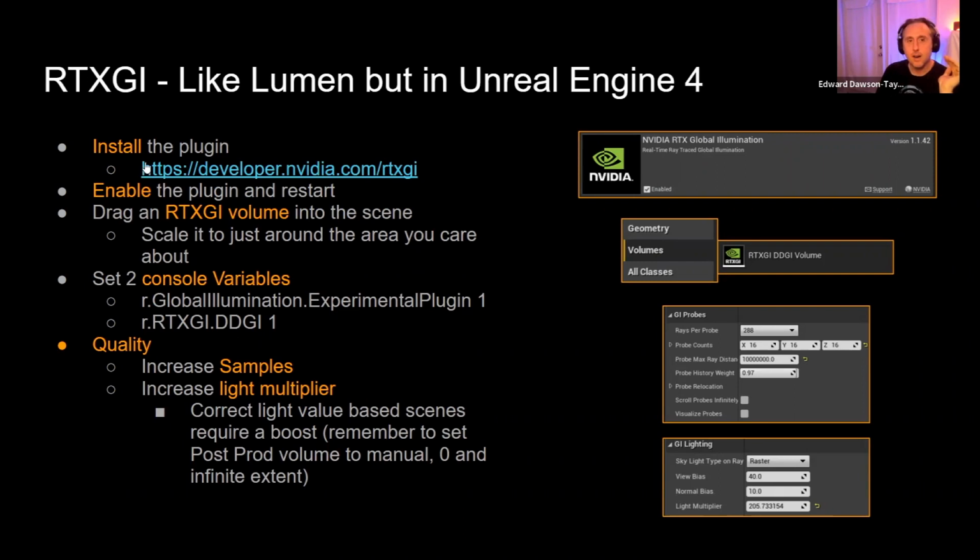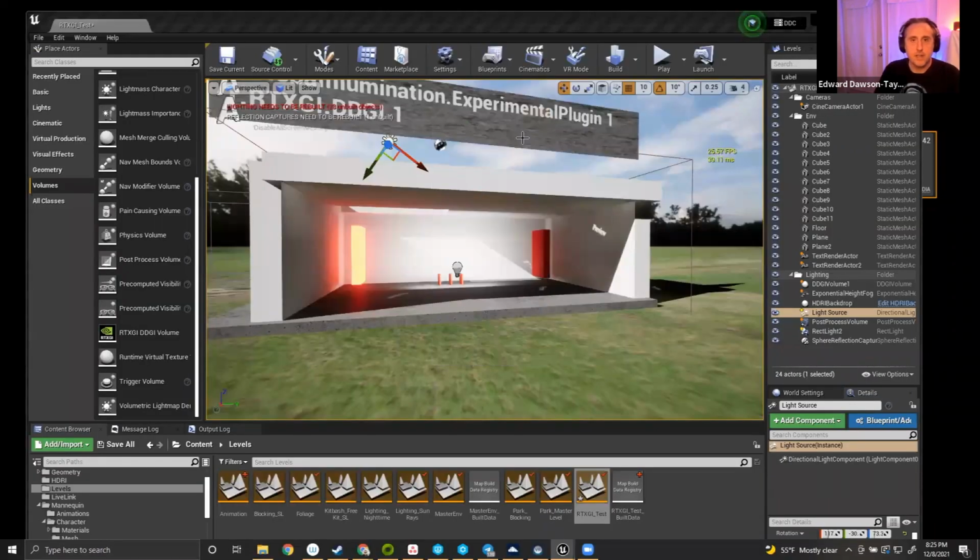You've got to install the plugin, so you can go to this link right here and follow the instructions. It's very simple. Just copy the plugin into the engine plugin folder. Open Unreal, enable this plugin in plugins. You're then going to drag in an RTXGI volume. The plugin is going to be right here.